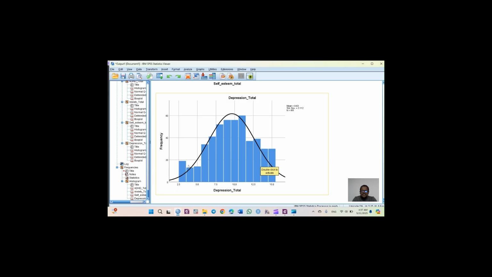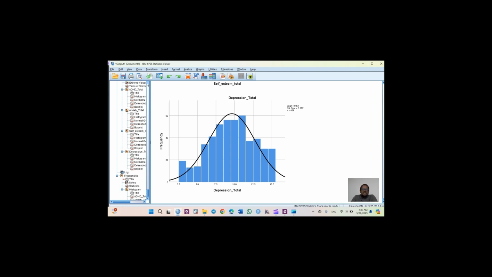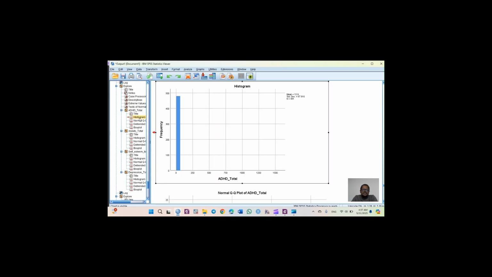It fits the bell shape almost nicely. So this is checking the histogram. You can check the histogram before deciding to follow parametric or non-parametric tests.